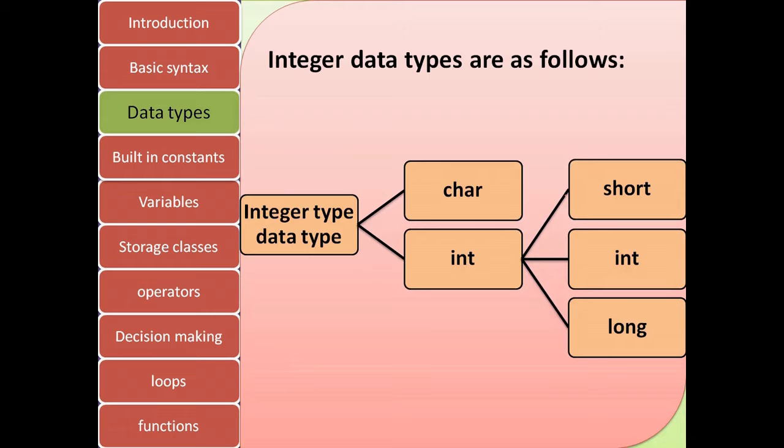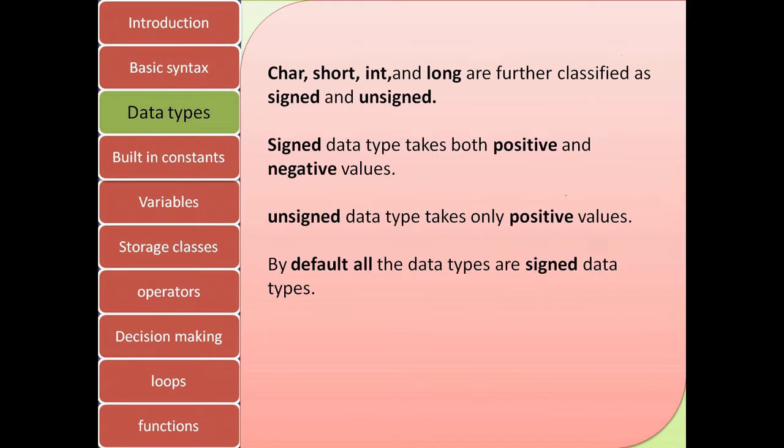The integer type data type is further classified into character and integer, and the integer is further classified into short integer, integer, and long integer. Character, short integer, integer, and long integer are further classified into signed and unsigned.